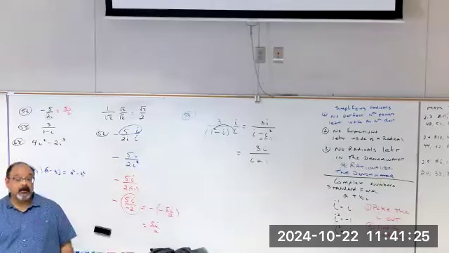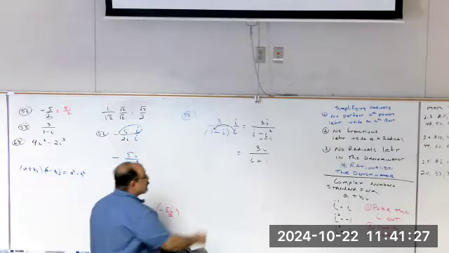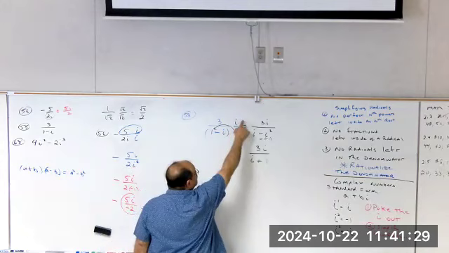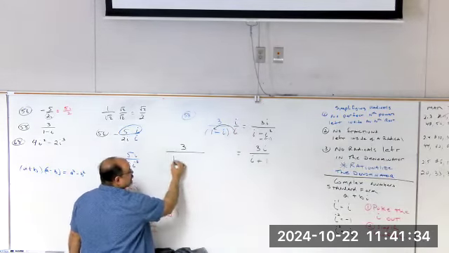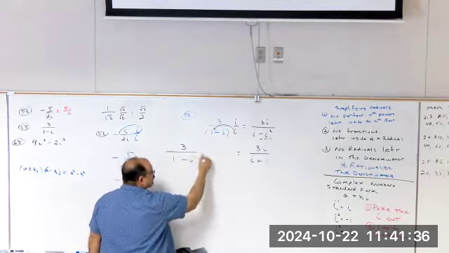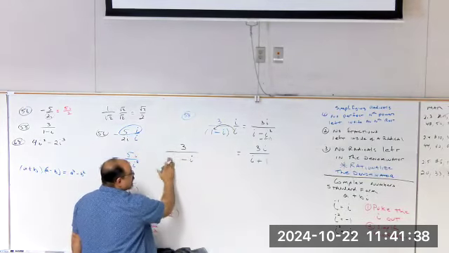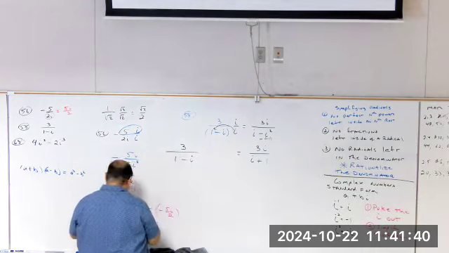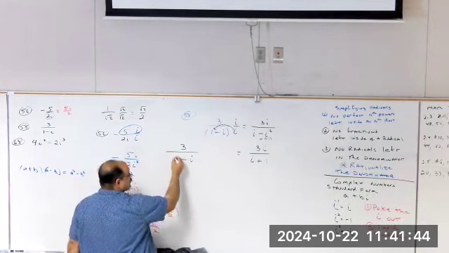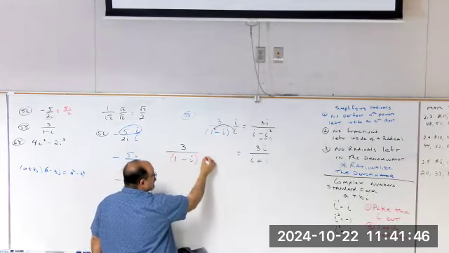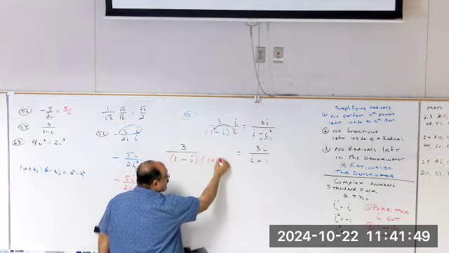To undo the binomial, when you have an i or a radical, we have to multiply the numerator and denominator by the conjugate. So if this is 1 minus i, what's the conjugate of 1 minus i? 1 plus i. So I'm going to multiply the numerator and the denominator by 1 plus i.